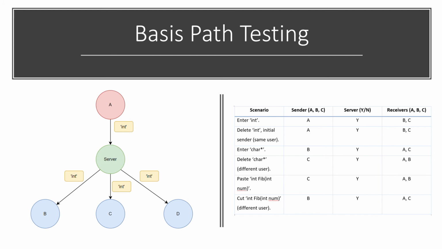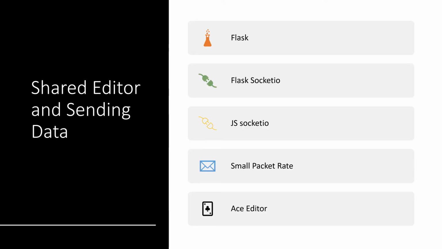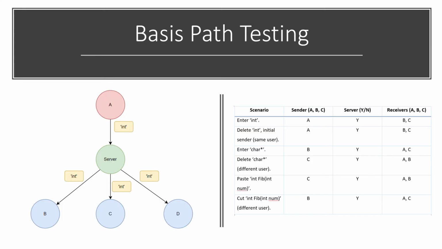I did some more testing for checking the data, which I'll talk about in a moment. As you can see with the scenarios here, they all came back successful, so I didn't have to worry about that. So move on to the next.